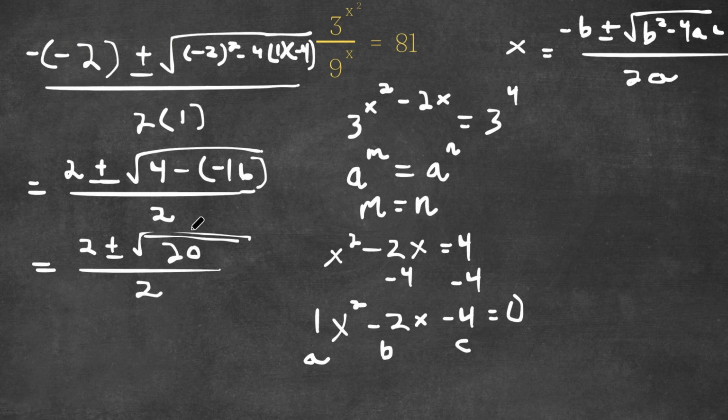And now we need to actually simplify this radical. So this is going to equal 2 plus or minus the square root of, now 20 is the same thing as 4 times 5. So we have this over 2.